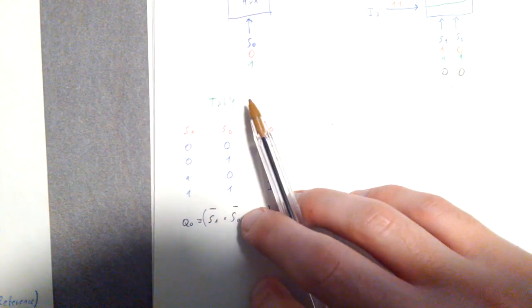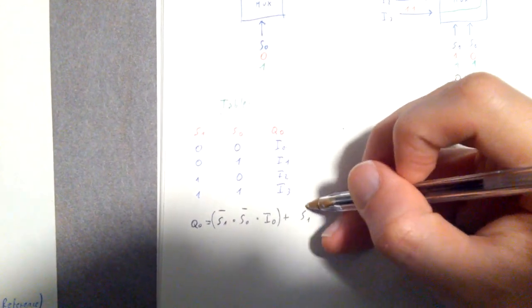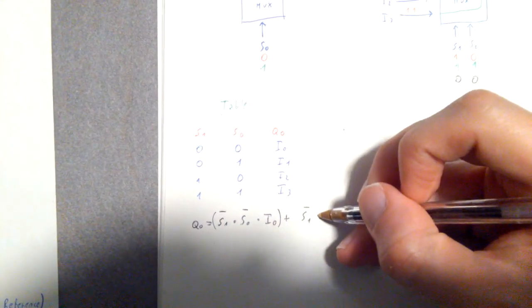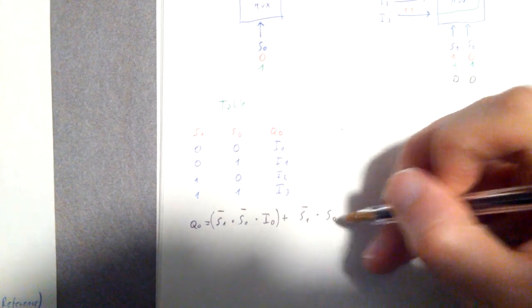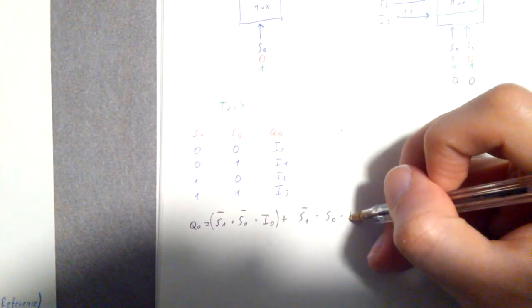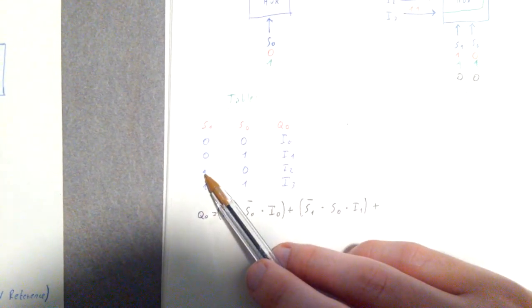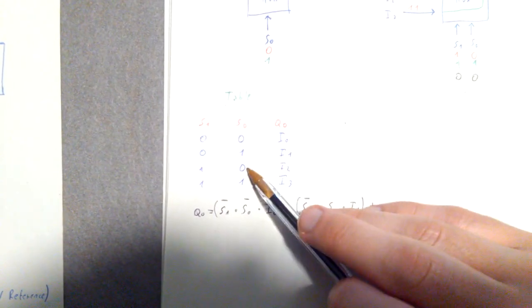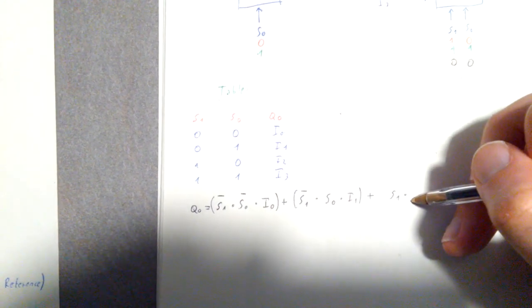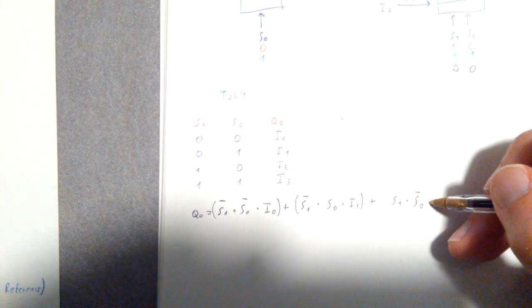So S1 is 0, so again you get S1 naught times S0 is 1, so this time we're going to get S0, times I1, plus S1 is 1, so we're going to get S1 times S0 is 0, so S0 naught times I2.